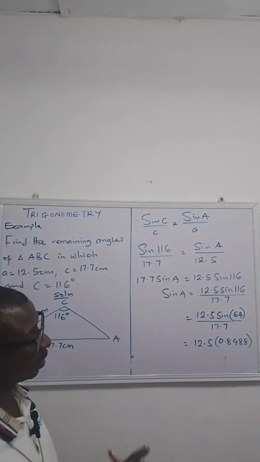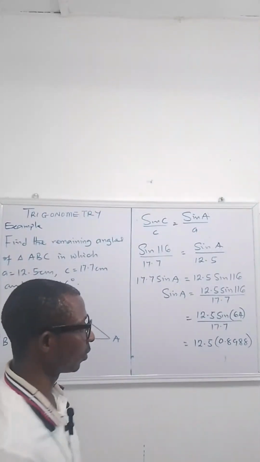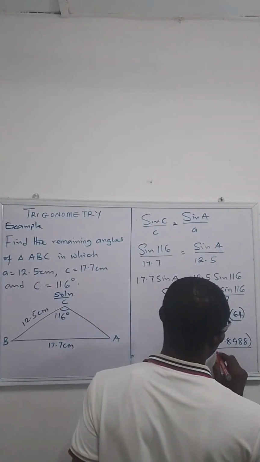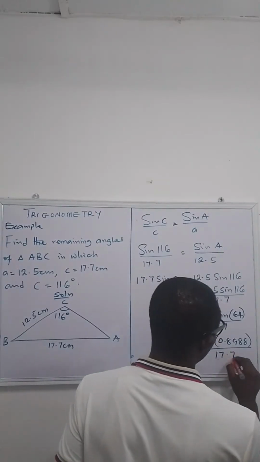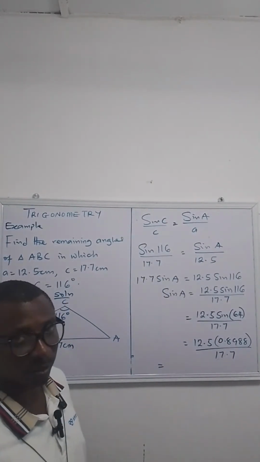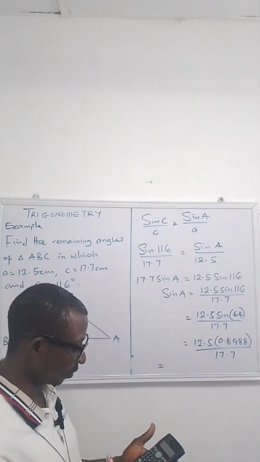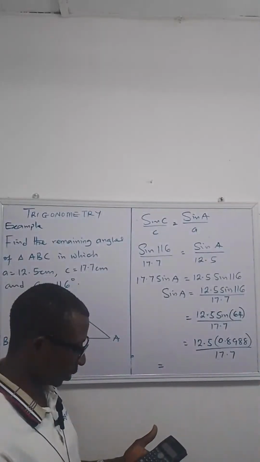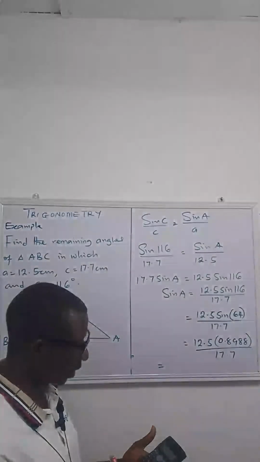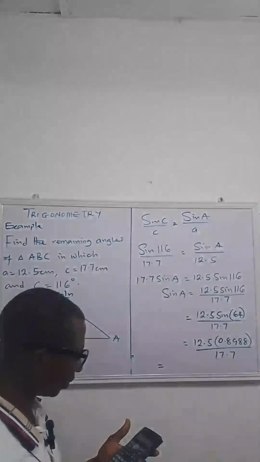So you just check 64 under 0. So this is what you have, everything all over 17.7. Now let's multiply the numerator. So we have 12.5 times 0.8988.